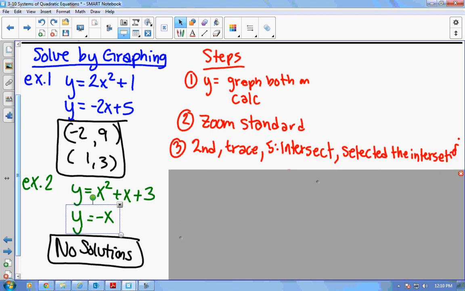Second calc or second trace, got to the calc feature. We selected number 5, which was the intersect, and then we selected the intersection by hitting enter 3 times once we got the bug on it, right? Second trace, 5 is the intersection, and then we move our bug until we're on the intersection, and we hit enter 3 times.